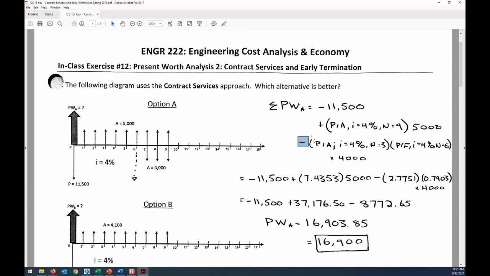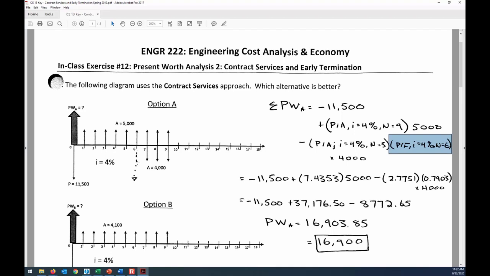What I'm saying is, first we will multiply the amount by the factor that finds present given annual, and then I'll multiply the amount by the factor that finds present given future. So this amount at year 6, which I just previously have been thinking of as a present value, in reality it's a future value.